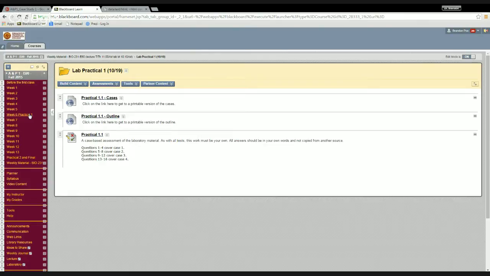On the front table, there'd be 4 or 5 stations set up, maybe all 6 seats there on the front table. Each one would have maybe the torso model or a bone or some other model or a microscope or something like that laid out.